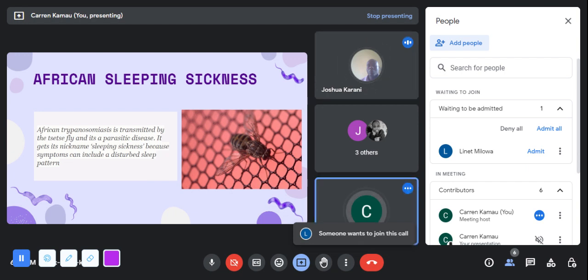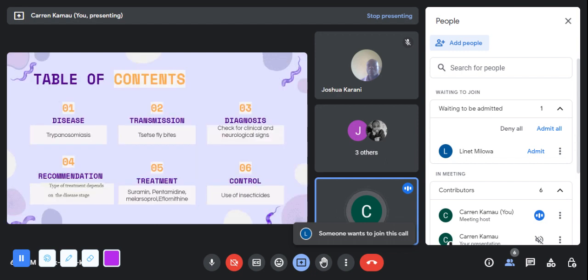Nagana is caused by trypanosoma parasite, and it infects the livestock. Nagana is mainly found in animals. So today we are going to focus on the disease trypanosomiasis, the transmission.